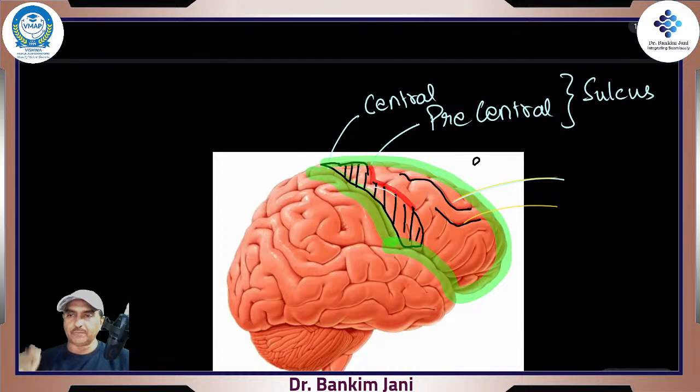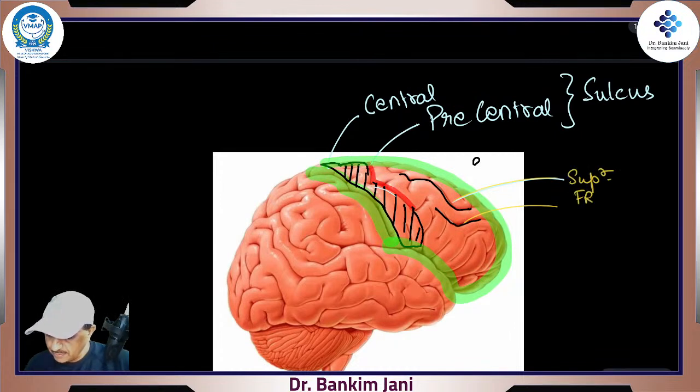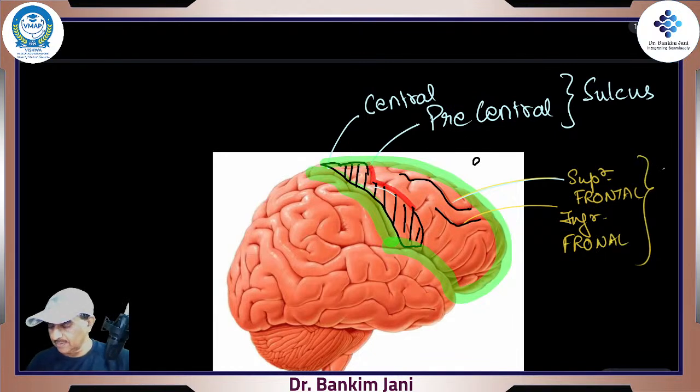One is superior, one is inferior, and they are in the frontal lobe. So we'll call it superior frontal sulcus and inferior frontal sulcus.